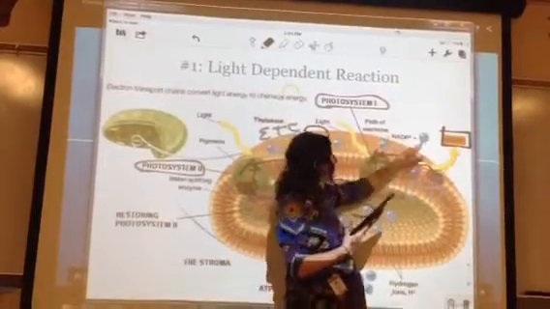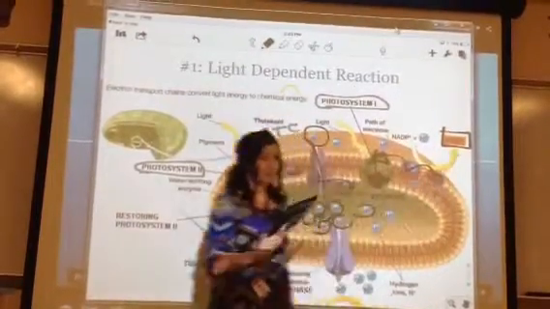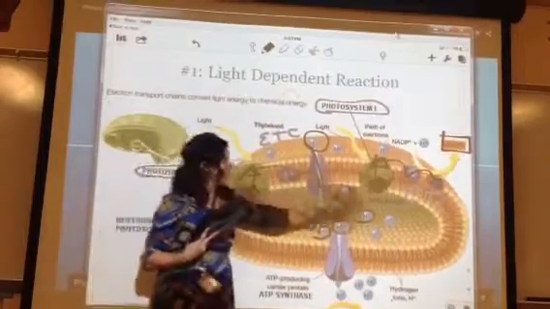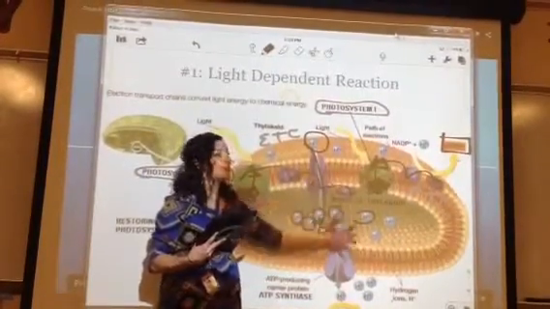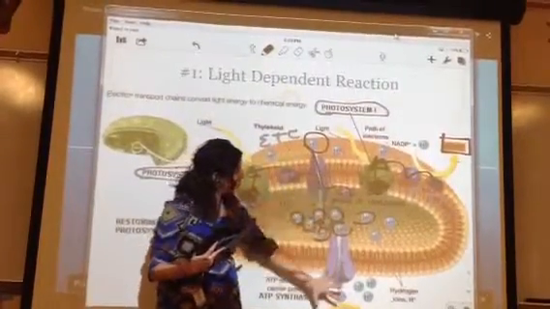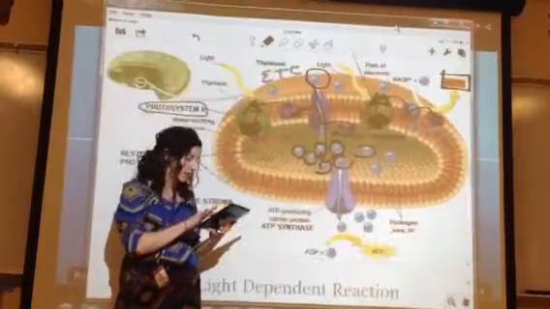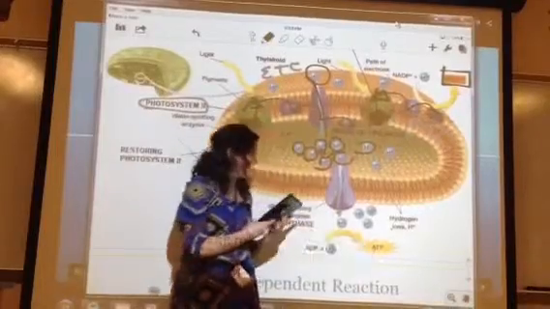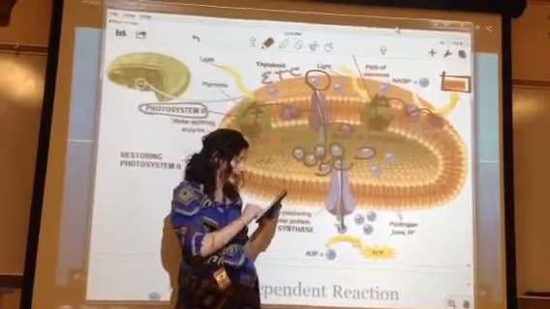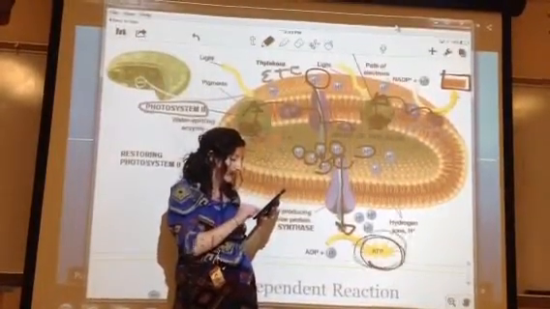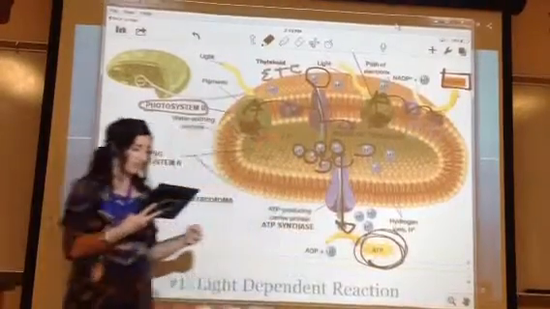So NADP, we stick an H on it, and that's what we've got. Last thing, we've got our hydrogens built up in the middle, and they're going to rush across, and they're going to make ATP right here. So my hydrogens rushing across, and then we make ATP.